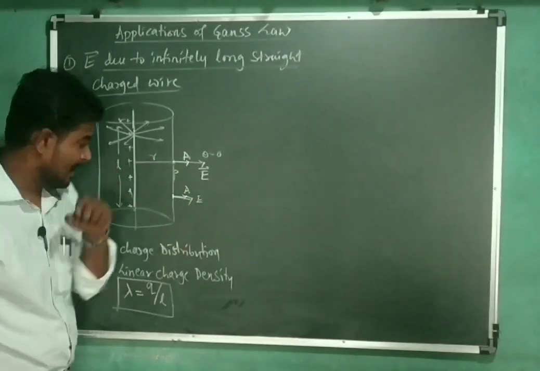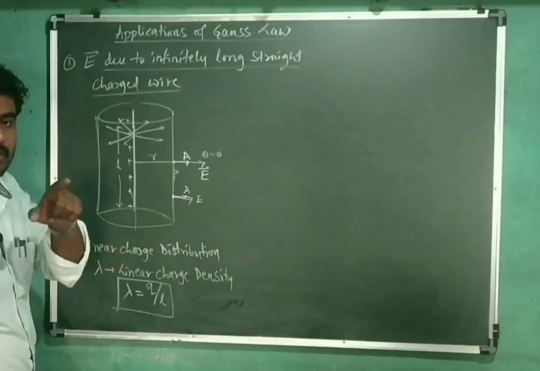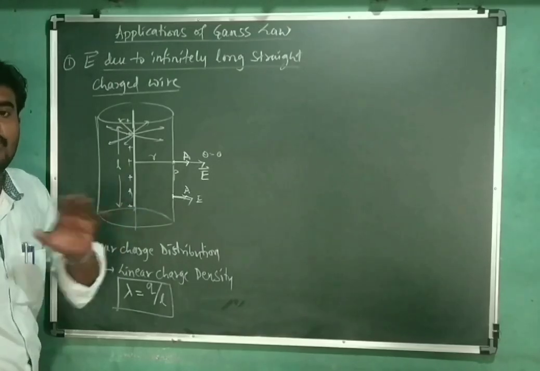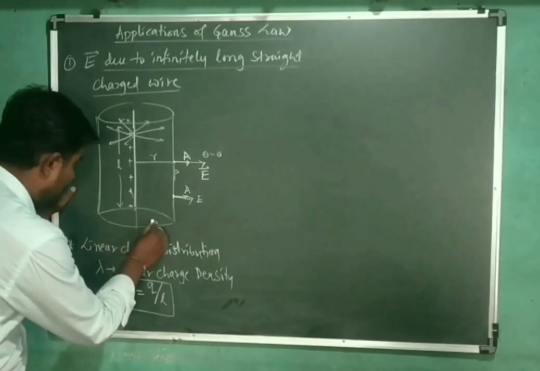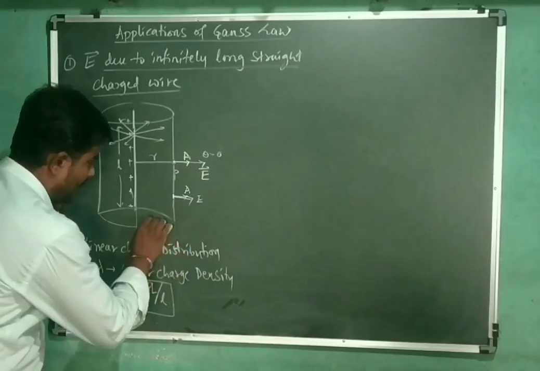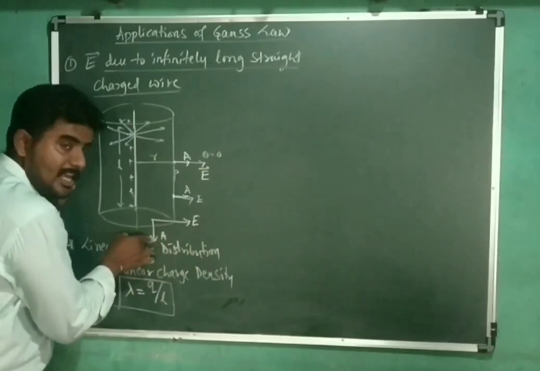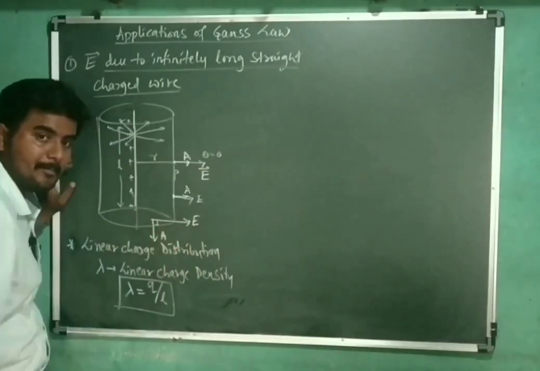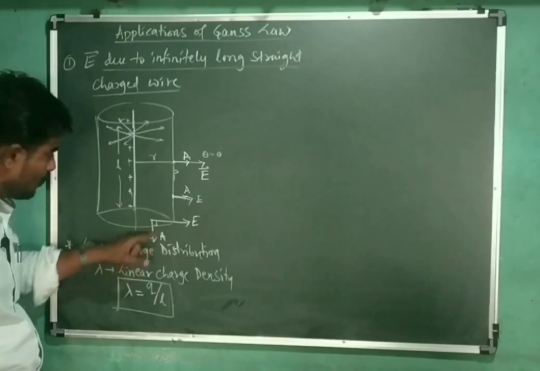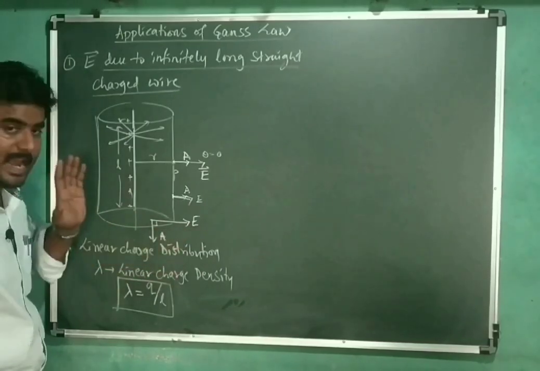It is 0 degree. If I consider the plane surface, as you know, the direction of the area vector is always perpendicular to the surface. Then this is the direction of area vector, and the electric field will once again be radially outward. This is the electric field, this is the area vector. The angle is how much? 90 degree. You choose any point on the bottom plane, you are going to get a 90 degree angle between electric field and area vector.